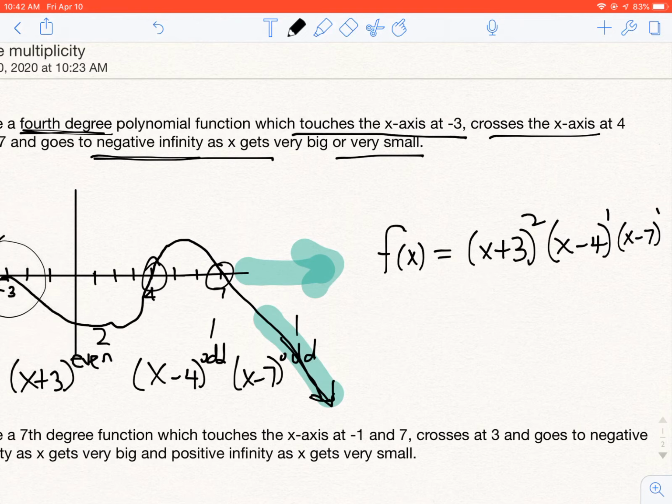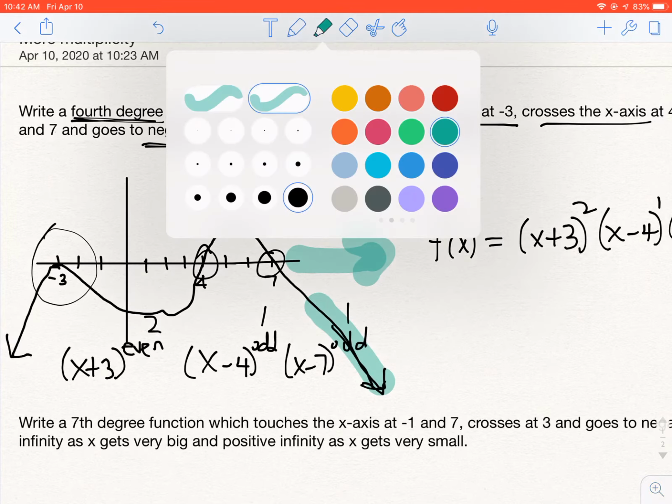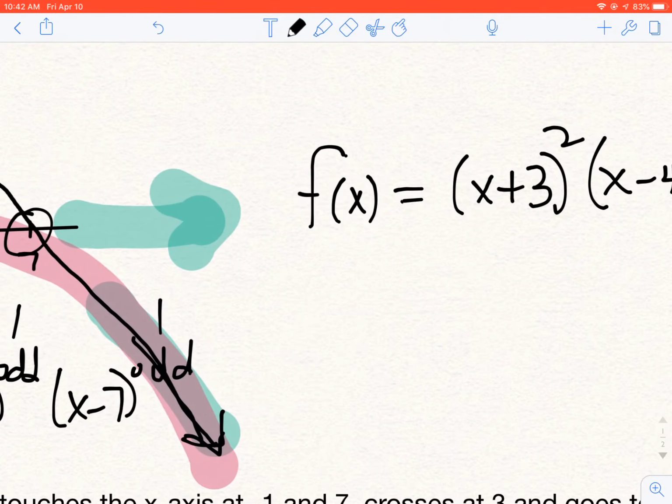Now the next thing I should ask myself is, should the leading coefficient be positive or negative? And I notice that because it's kind of upside down, like a parabola upside down, my leading coefficient needs to be negative. So I got to put a negative in front.